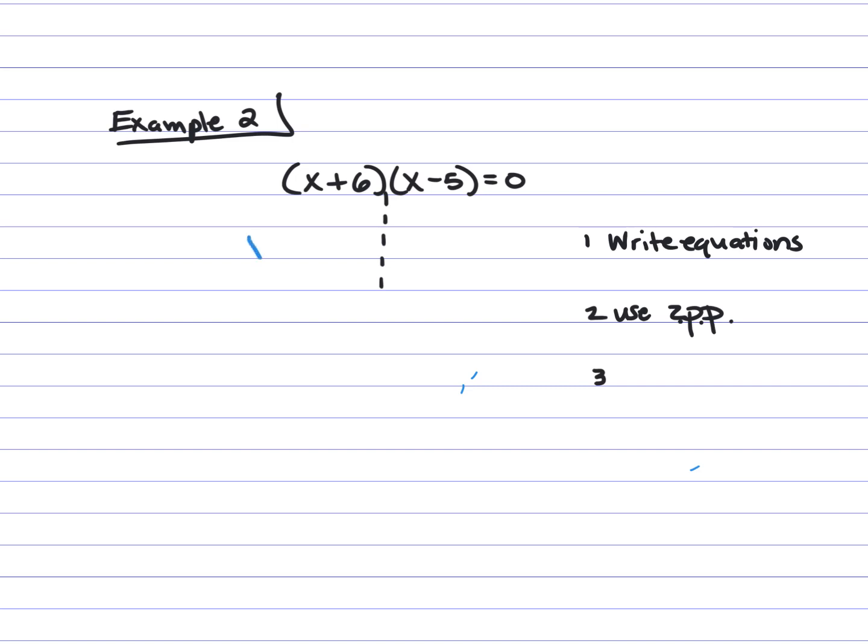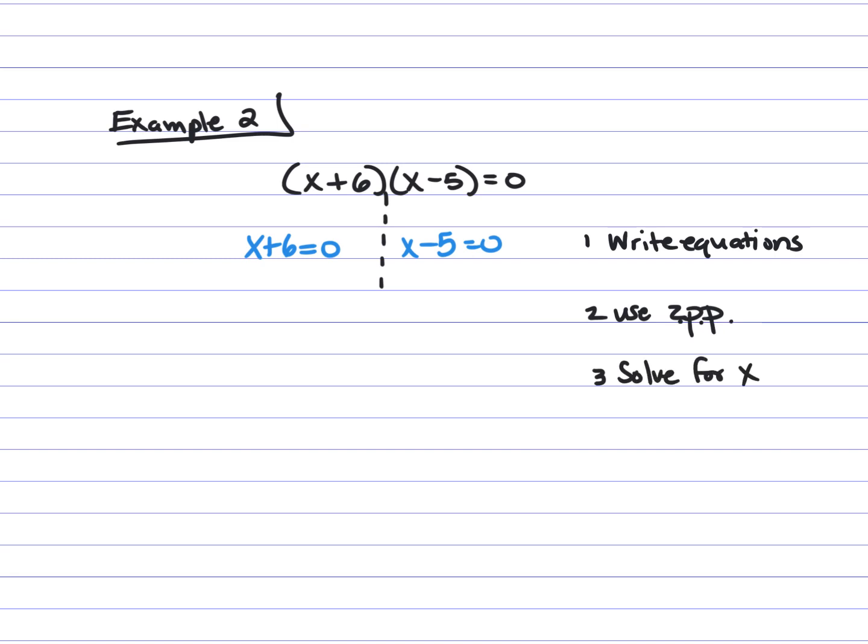So x plus 6 equals 0 and x minus 5 equals 0. And then the last step, we're going to solve each equation for x.